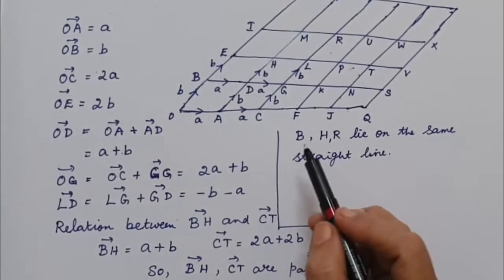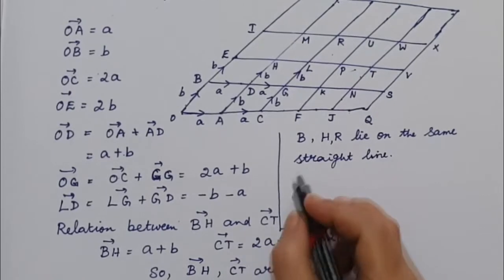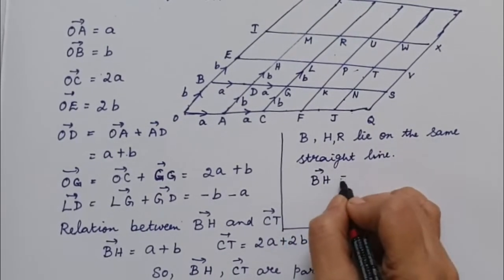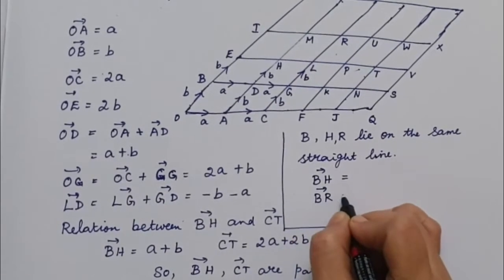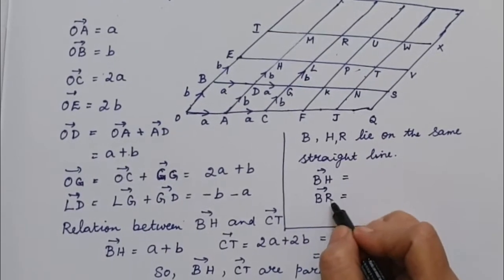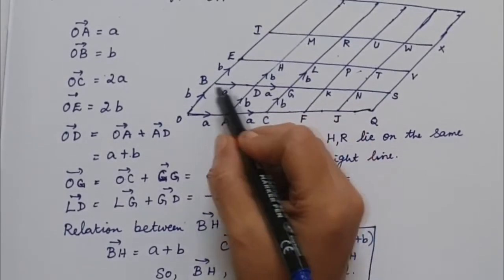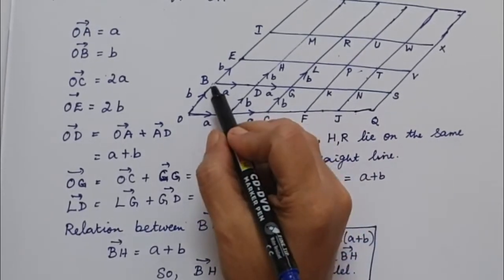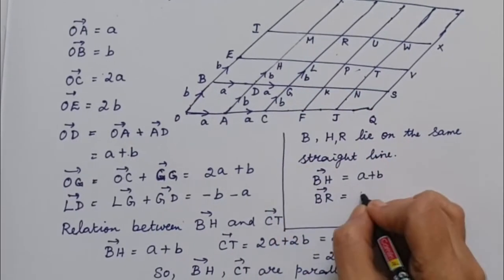In order to show that B, H and R lie on the straight line, we'll find out the vector BH as well as we'll find the vector BR. And then we'll check how they are. Now BH is A plus B. And BR is 2A plus 2B.